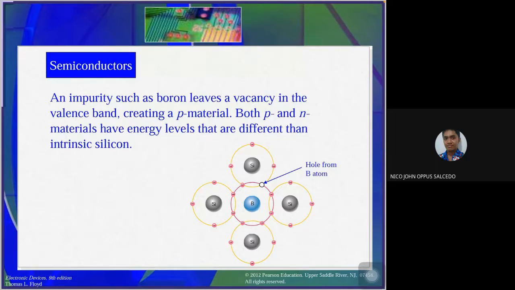So, we add impurity atoms to it like antimony and boron, and it depends on the type of impurity material we add. Antimony is pentavalent, or 5 valence electrons. Boron has 3. So depending on the impurity atoms, after undergoing doping, our intrinsic semiconductor becomes an extrinsic semiconductor. And extrinsic semiconductors are classified as p-type and n-type.